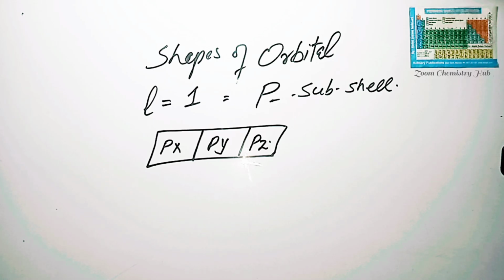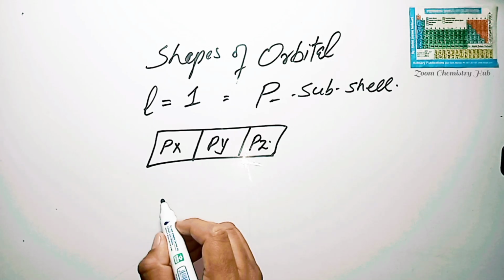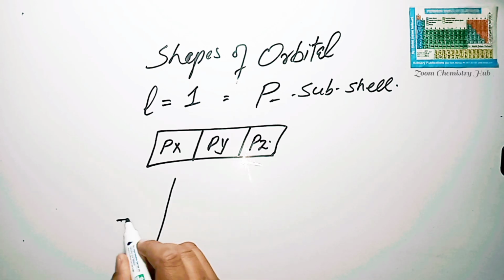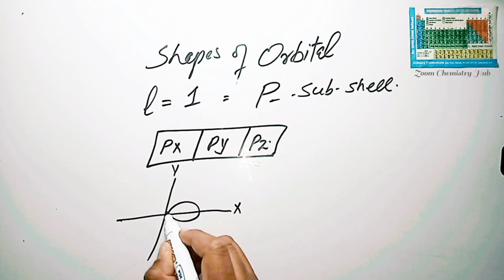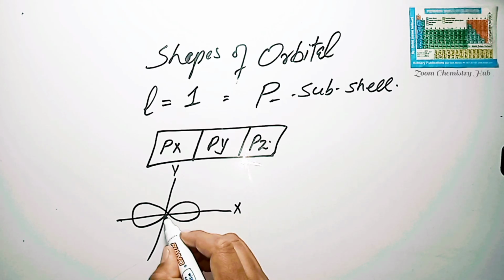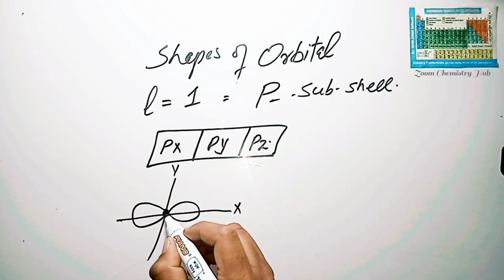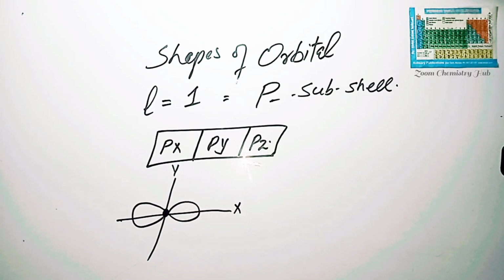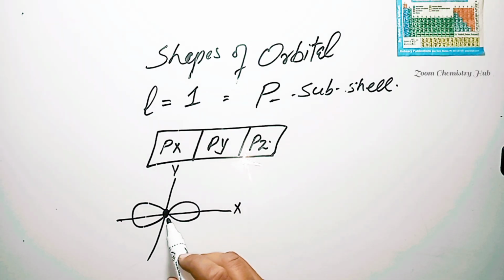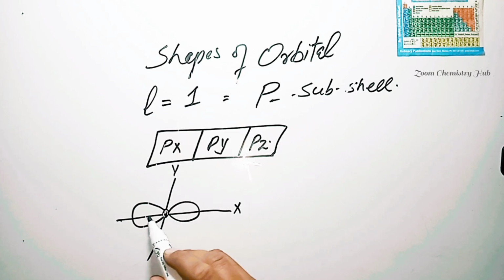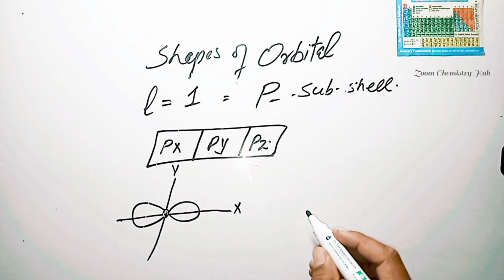And if we see their shapes in 3 dimensions, then px has a shape along the x-axis, in between the nucleus where the x and y meet, and it contains 2 lobes, one on each side of the nucleus on the x-axis.